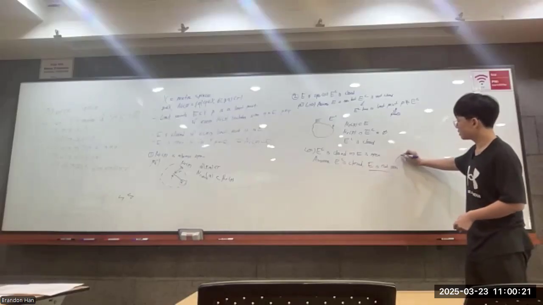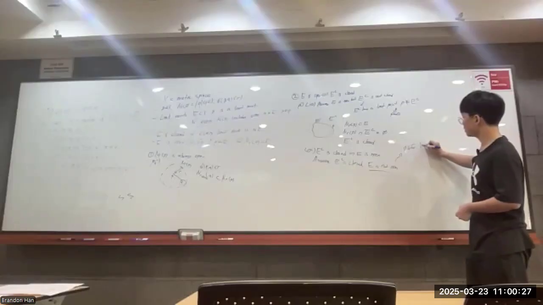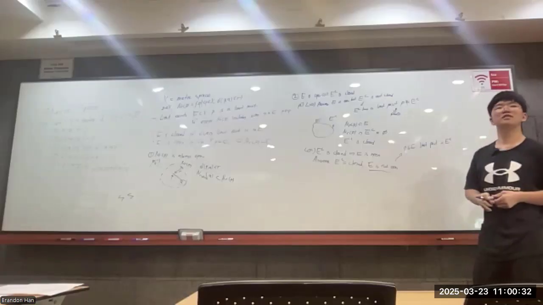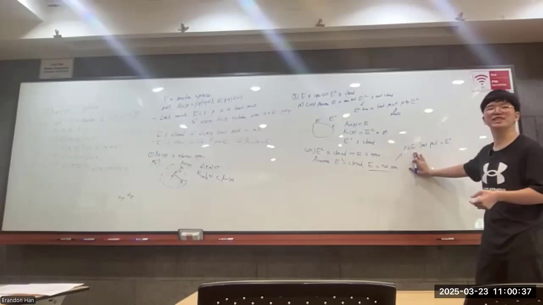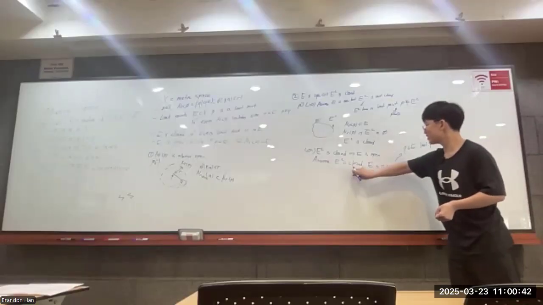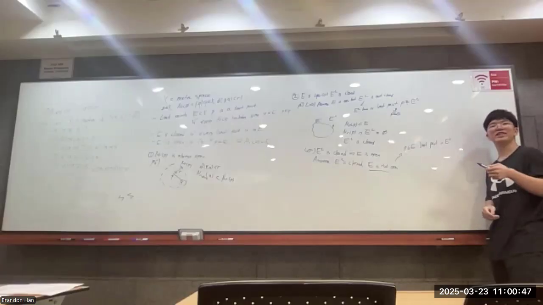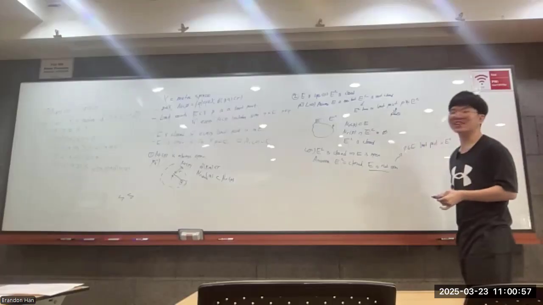And the fact that E is not open means that there is some element P of E that is a limit point in EC. This is a slight bit of a logical jump. Does this make sense? Or should I explain more here? The fact that if EC is closed and E is not open, there has to be some point P in E that is a limit point of EC. Okay. You sure? I can explain.